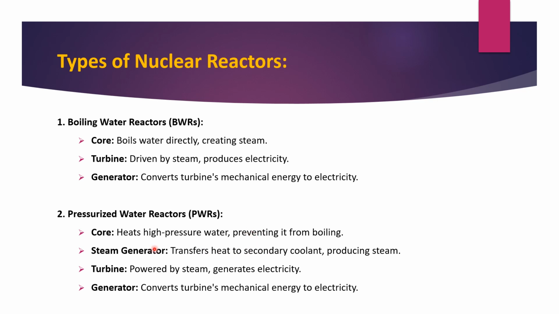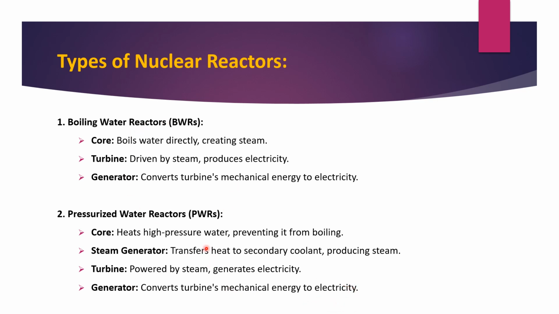Because we want to keep the steam generator apart from the core, since if the water boils inside the core, the temperature of the core will increase and sometimes become uncontrolled. So we separate the steam generators, which transfer heat to a secondary coolant system and produce steam. Then the operation is the same: steam drives the turbine, and the turbine drives the generator, which converts that energy into electricity.